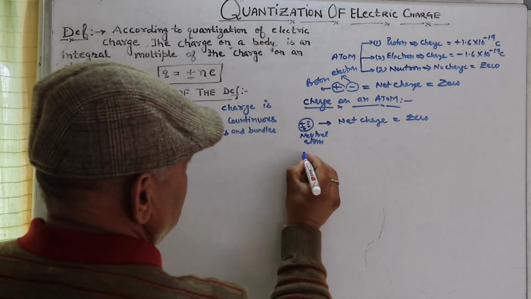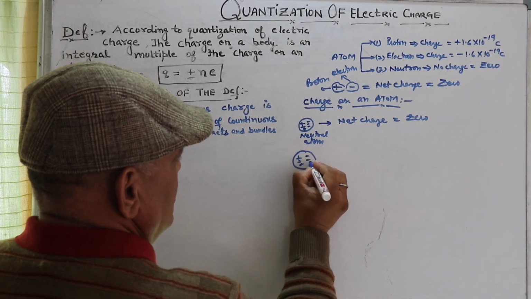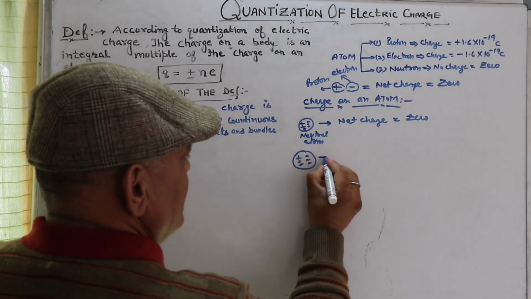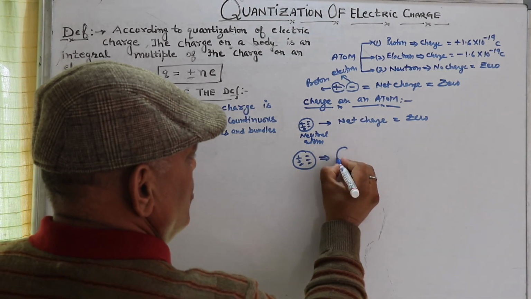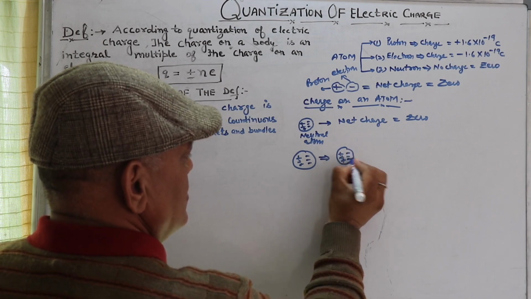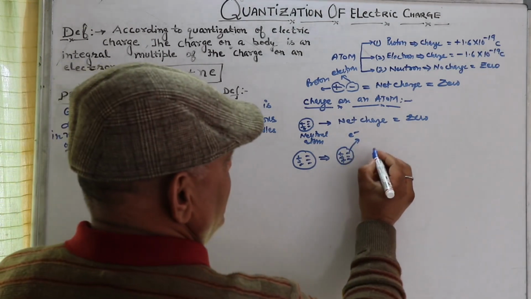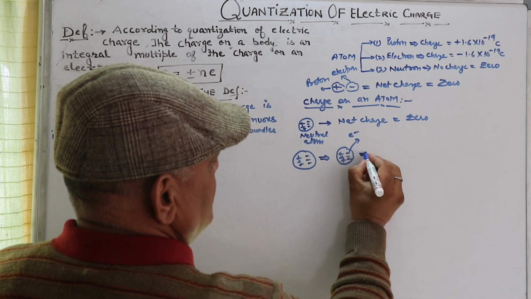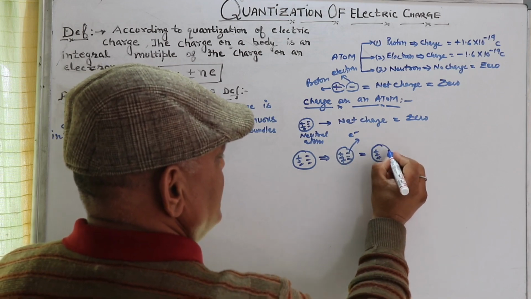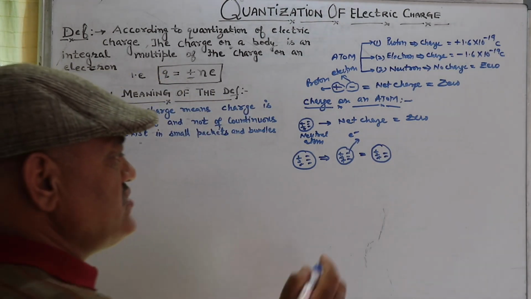Now this neutral atom, when it loses one electron, then it contains 3 protons and 2 electrons.